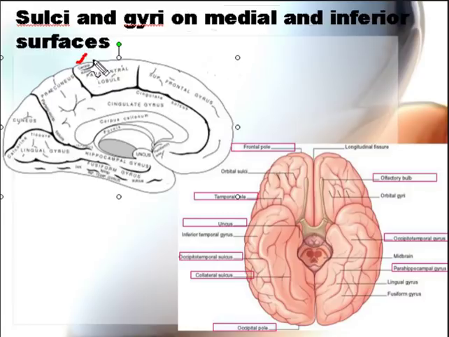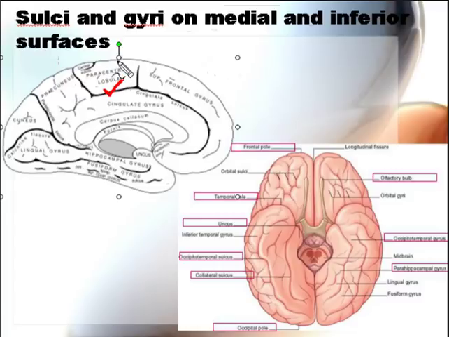So surrounding this central sulcus, you have an area of the frontal lobe and you have an area of the parietal lobe. This gyrus which is present here is known as the paracentral lobule. It has part of the precentral gyrus and part of the postcentral gyrus.